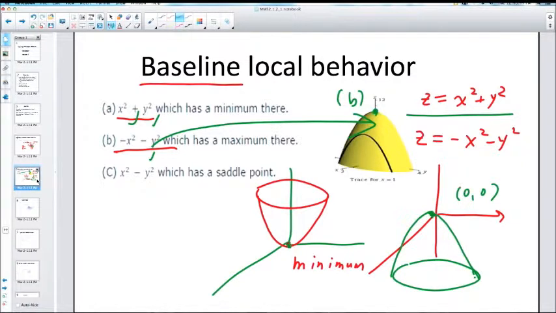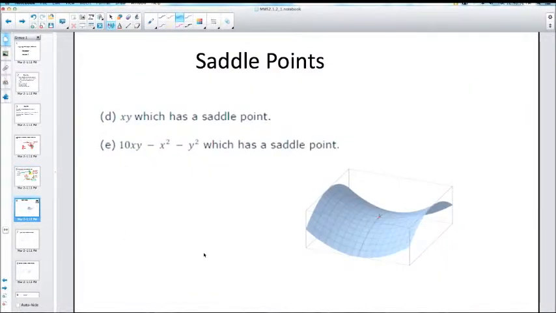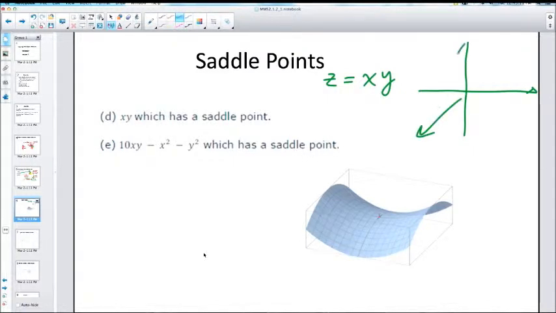What about the third case? z equals x squared minus y squared. Another way to look at this surface is to write it as x times y. It's a good exercise for you to turn this coordinate system 45 degrees in xy, and you remember all you need is to multiply by the rotation matrix.